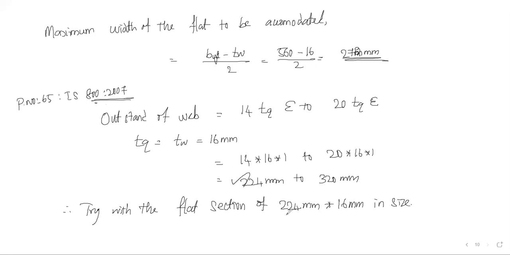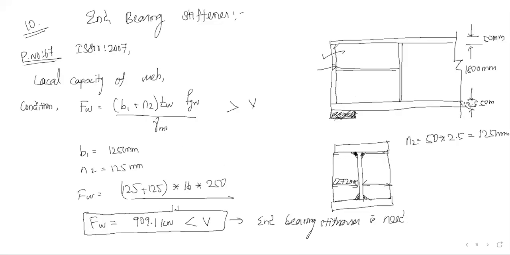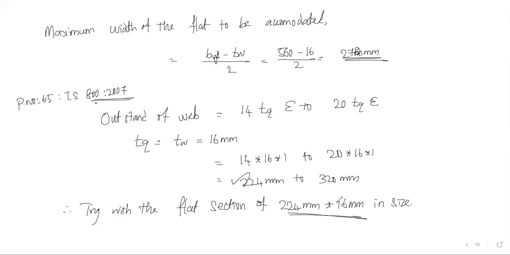Okay. So this one we can provide like this here. Okay. Here we are going to provide this one. So I can provide either side. Okay. So with respect to top view, this is my web portion.